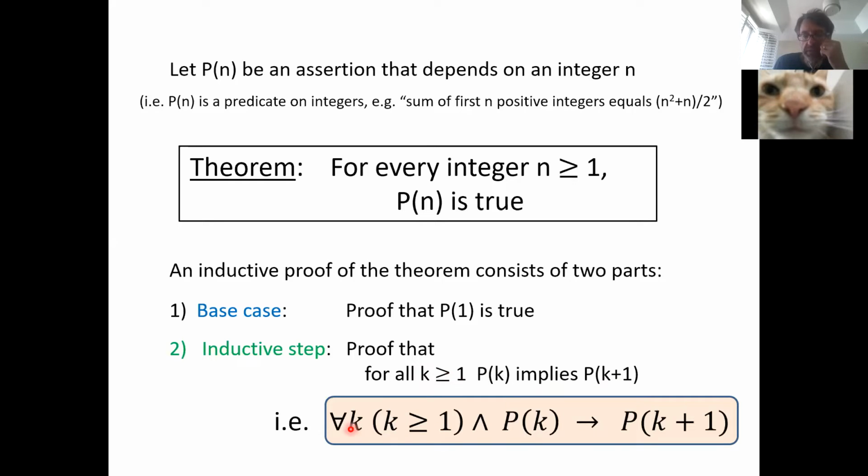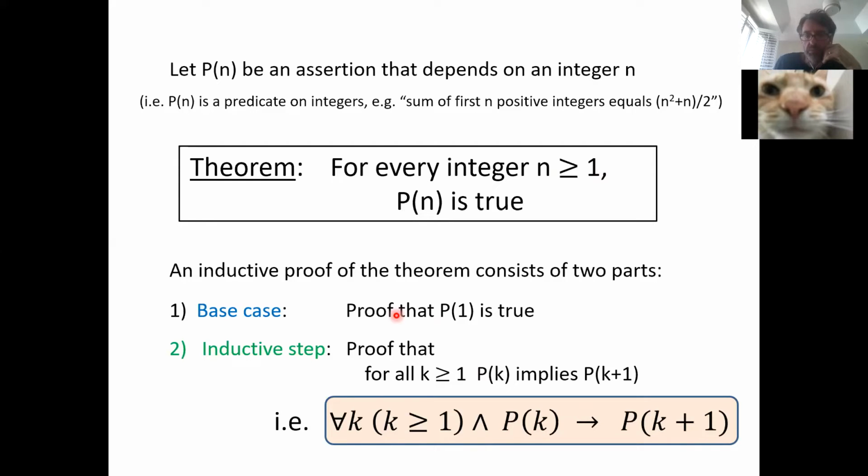What you're proving is that for all k, the following holds. As long as k is greater or equal to 1, like here, and the predicate is true about k, then it must also hold that the predicate is true for k plus 1.